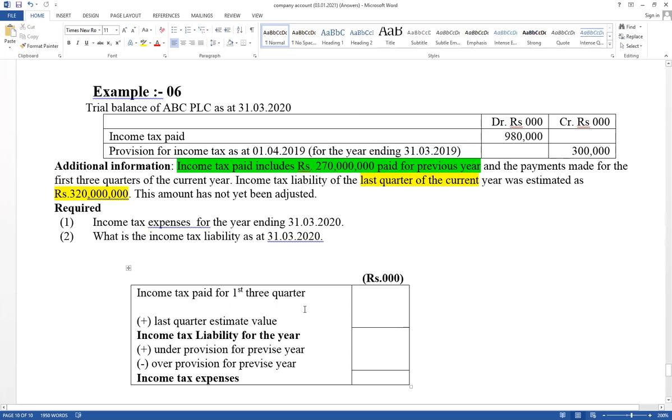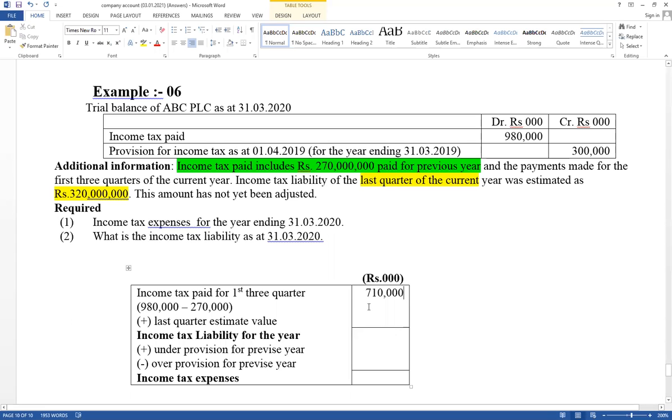Therefore, the first 3 quarter paid amounts can be calculated. 980,000 is the total paid amount, including 270,000 paid for previous year. Therefore, first 3 quarter paid amount equals 980 minus 270, therefore 710,000. This is the first 3 quarter paid amount.